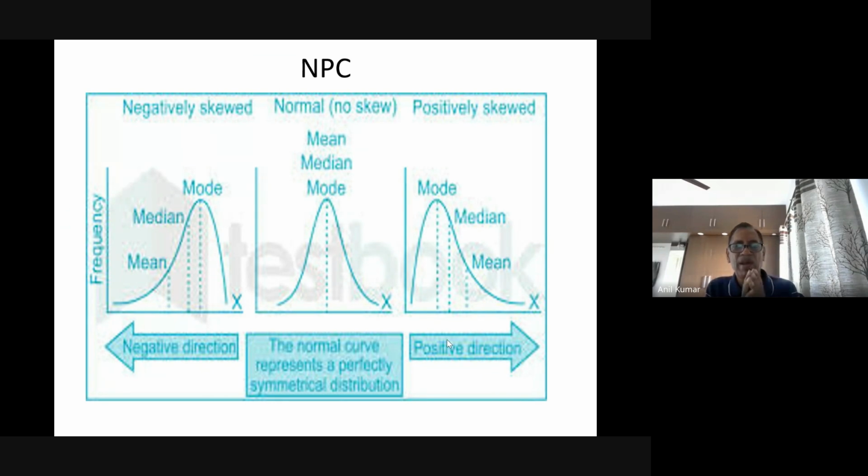Normal curve, again I would like to tell you that parametric statistics definitely requires distribution of data in a normal curve. So normality, where no skewness is there, mean and median coincide, it is symmetrical.